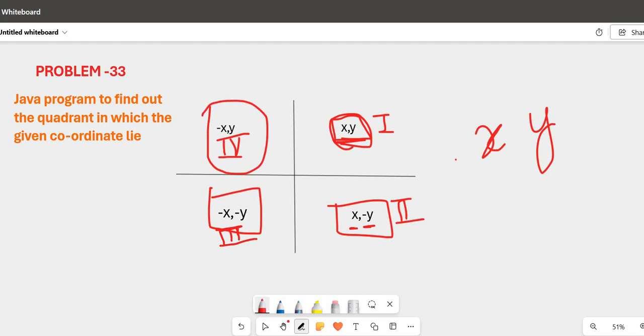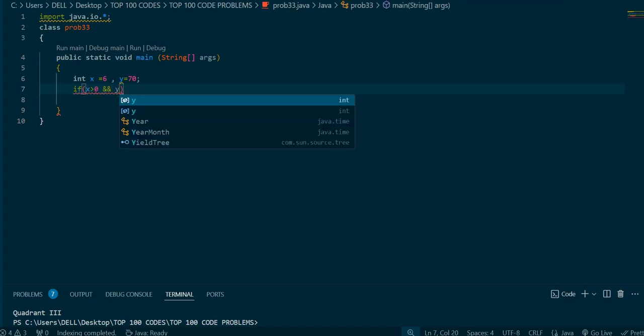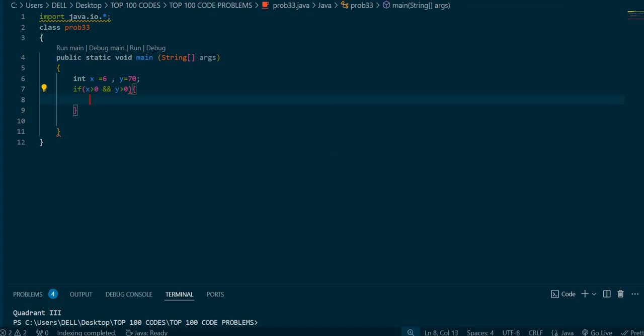So you have to apply if-else conditions for the same. If x is greater than 0, which means x has a positive value, and y is also greater than 0, then the coordinate lies in the first quadrant.